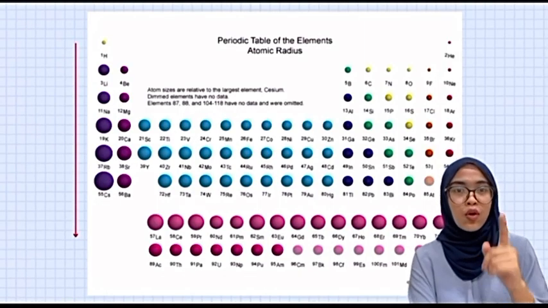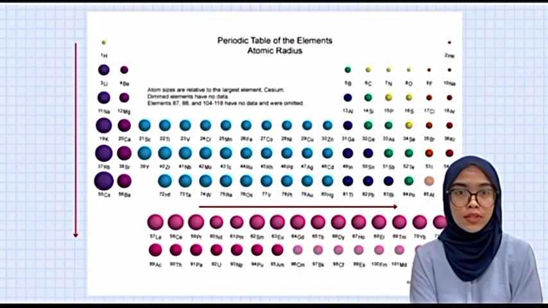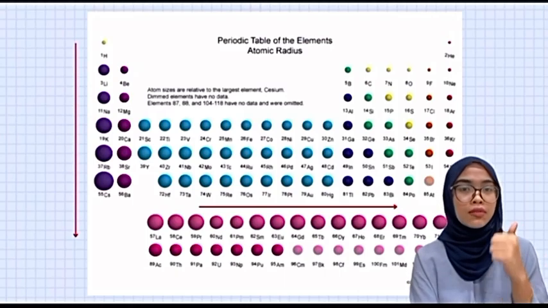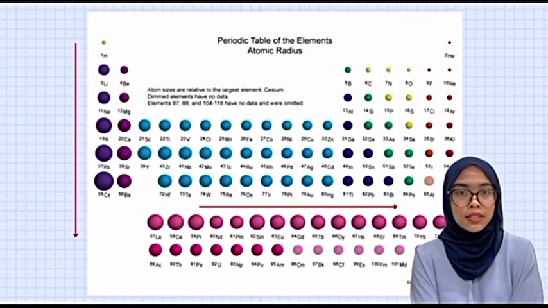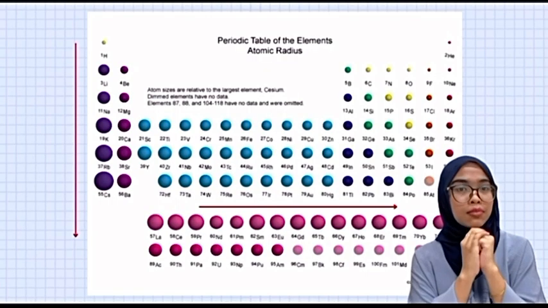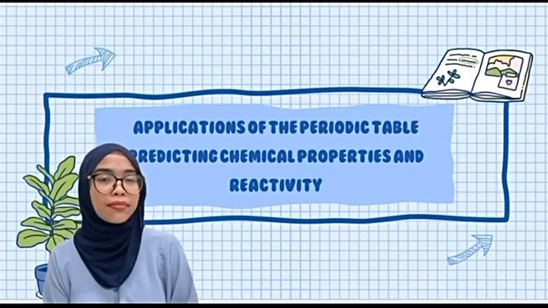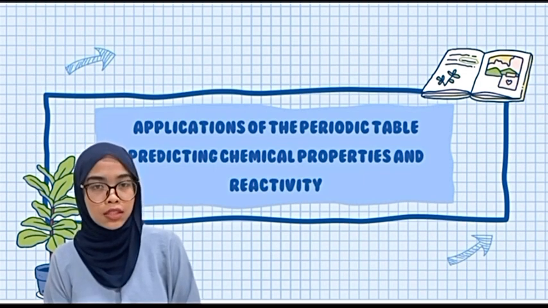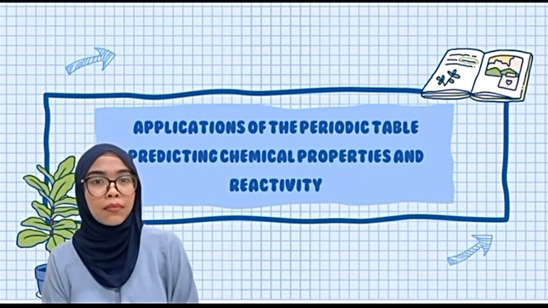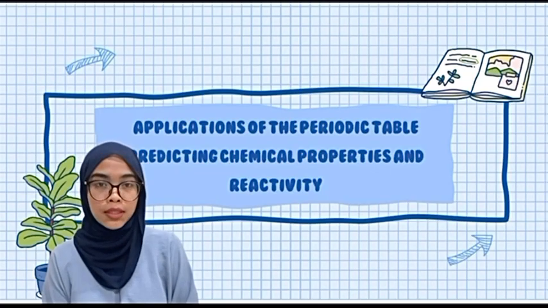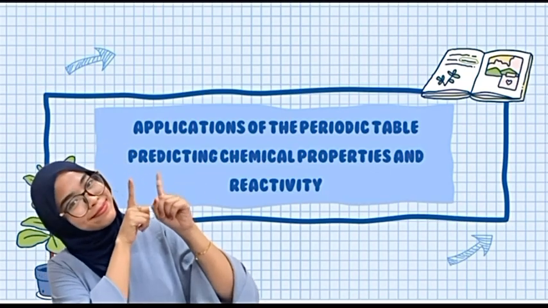Not only that, when the atomic radius trend goes across a period from left to right, the atomic radius keeps getting smaller and smaller.